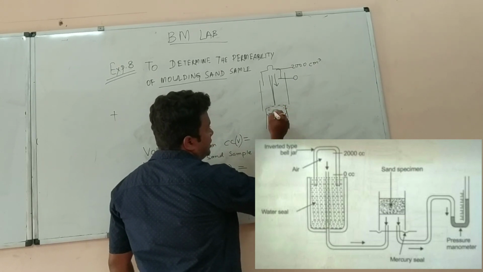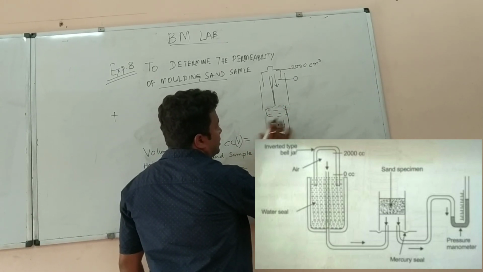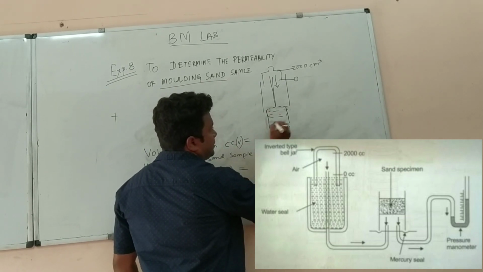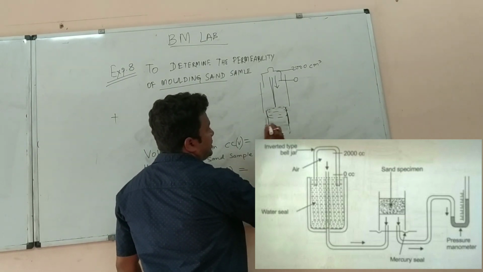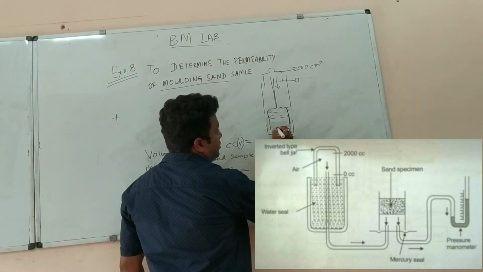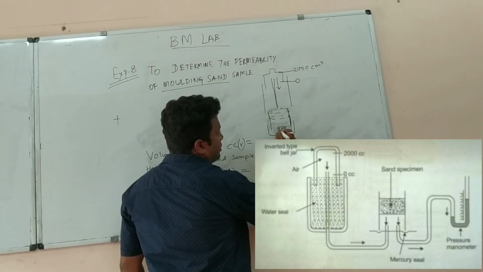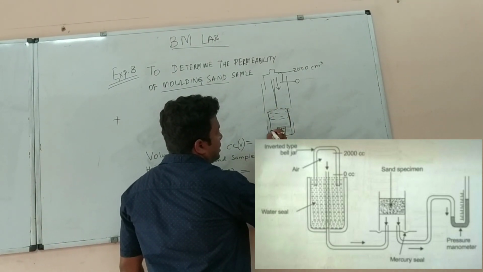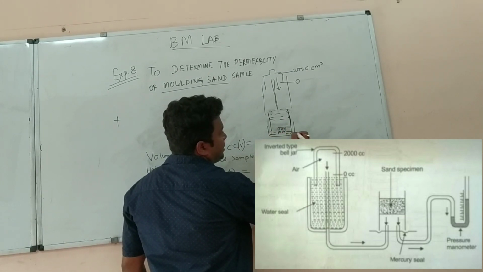This sample is here, and this cup was here, like this. This was the main cup, and this was the jar where there were some percolating holes through which the air was coming, and it was kept on mercury.